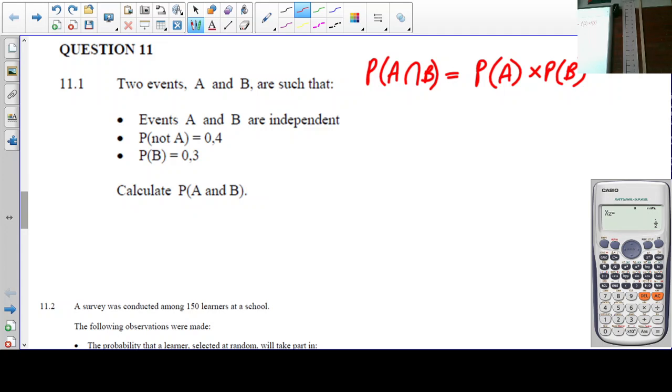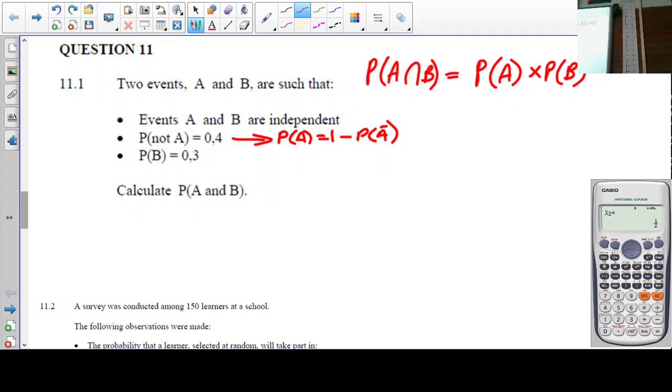Second bullet. The probability of not A is 0.4. So from here we can say, but hang on, the probability of A is equal to 1 minus the probability of not A. And what rule do we call that? The complementary rule.